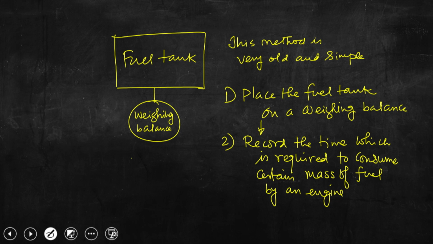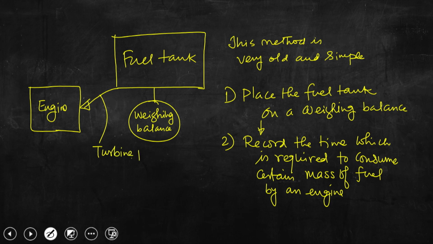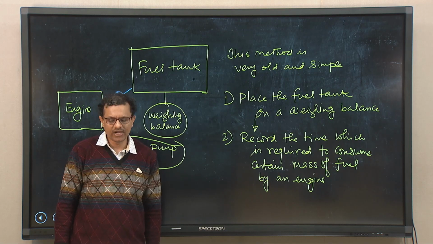What is important to mention in this context is that when the fuel is going to the engine, a turbine pump can be placed in the line just to control the flow rate, and the rotational speed of the turbine pump is a measure of the flow rate of fuel.